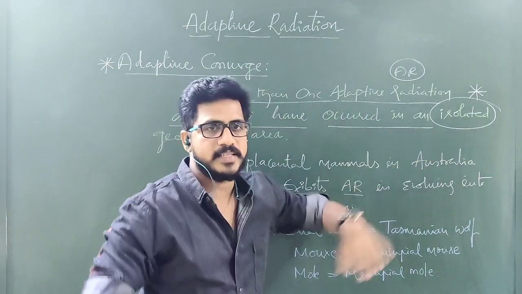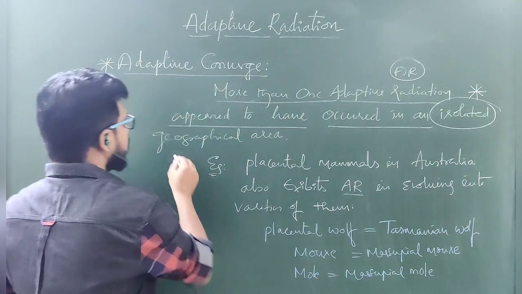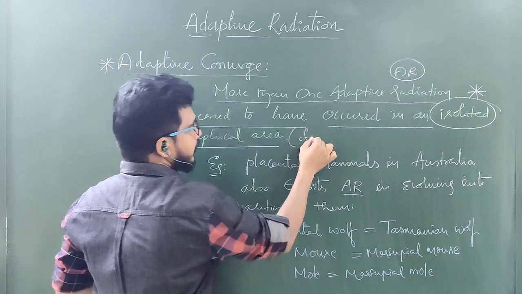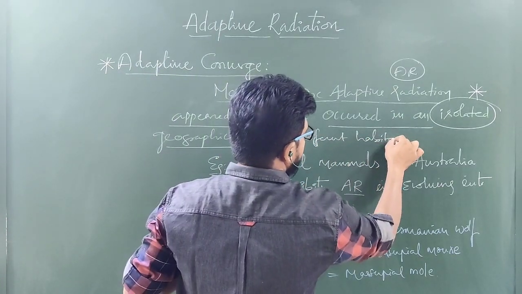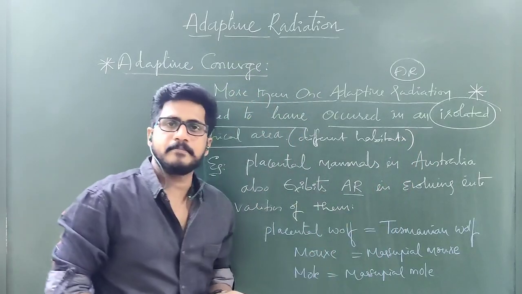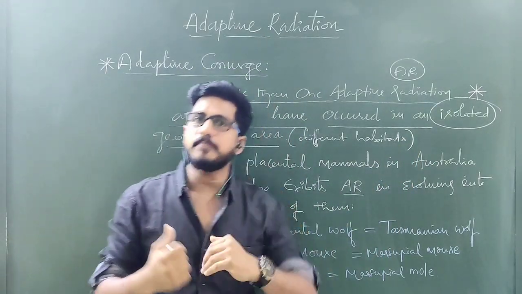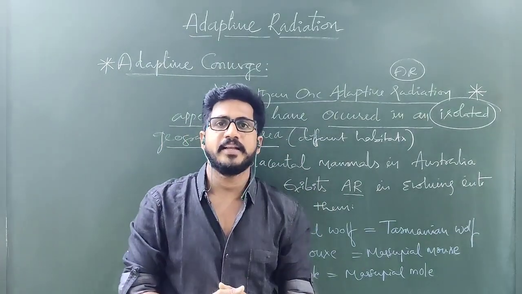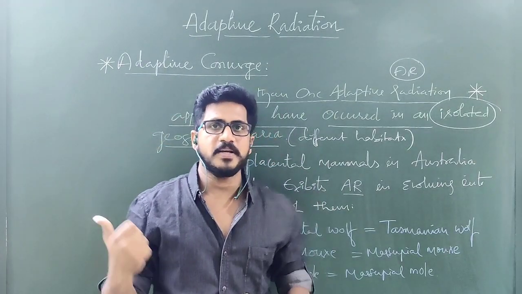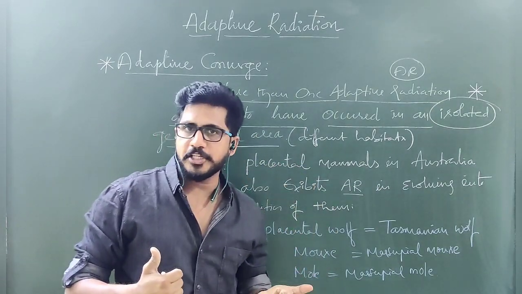So in adaptive convergence, what is happening? Isolation of geographical area means different habitats, different places. Whereas divergent evolution occurs in the same geographical area, convergent evolution takes place in different geographical areas. There also adaptive radiation takes place. Here more than one adaptive radiation takes place.